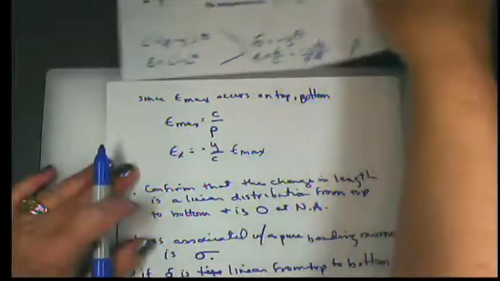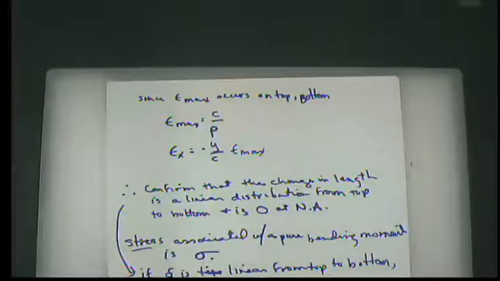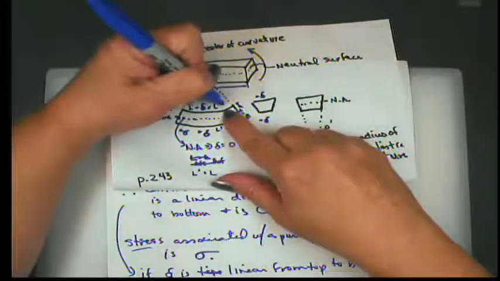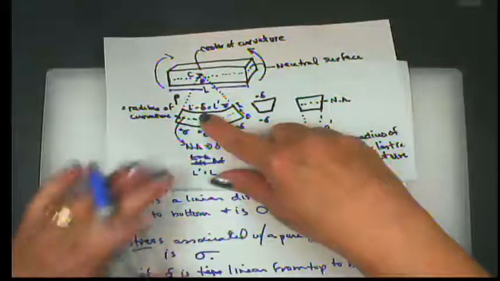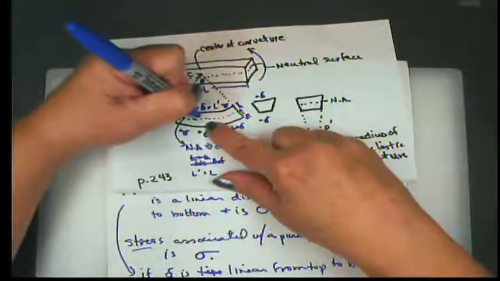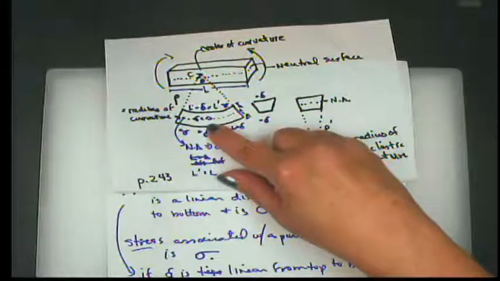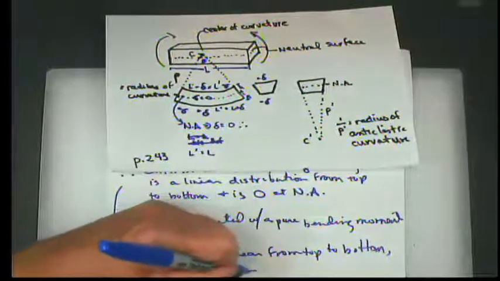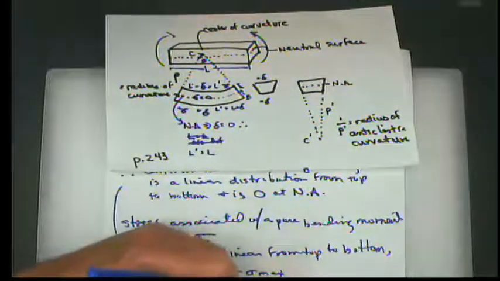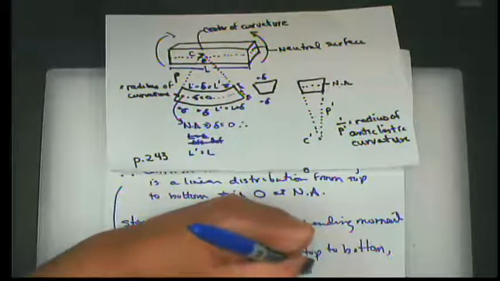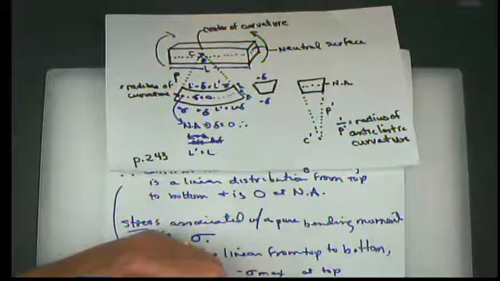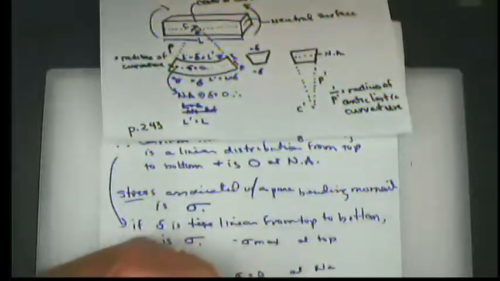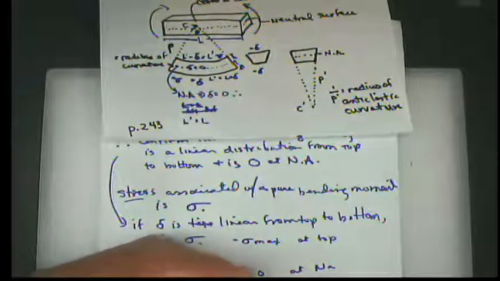And once again, if we go back to our original picture, we can see that we're going to have a positive sigma down here and a negative sigma up here, because this is in compression, this is in tension, and sigma equals 0 at the neutral axis. So the distribution is the same. Negative sigma max at the top for this type of bending, sigma equals 0 at the neutral axis, and positive sigma max at the bottom.